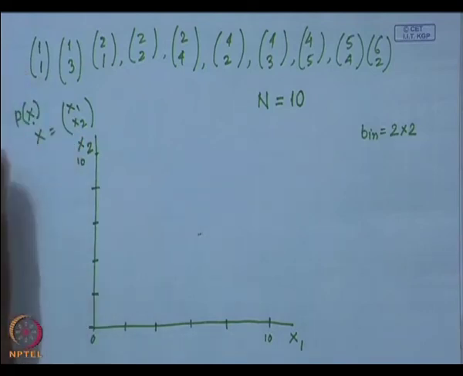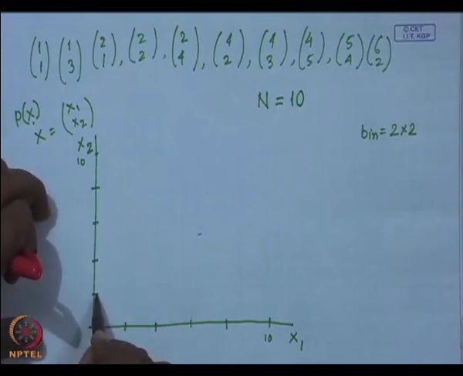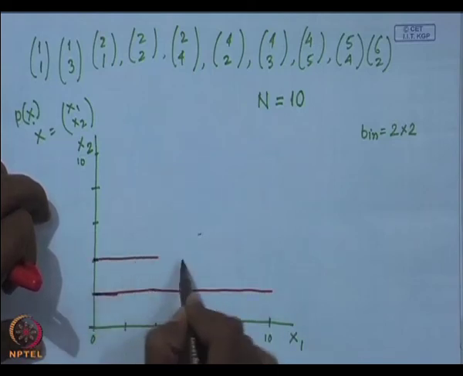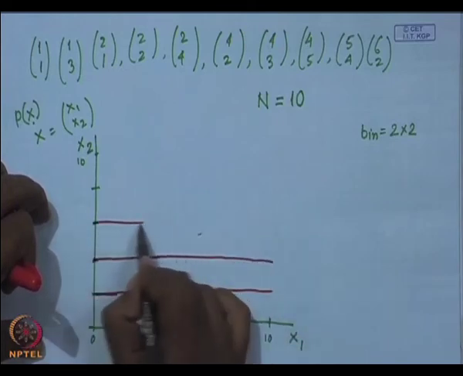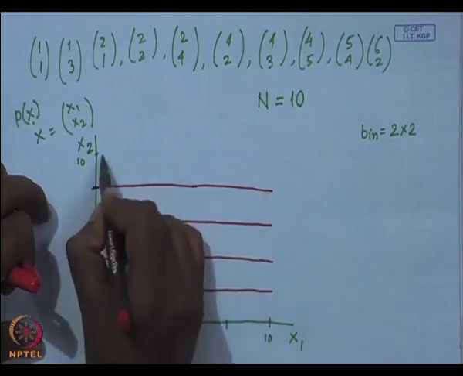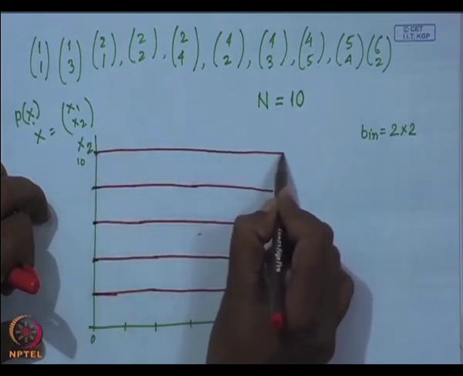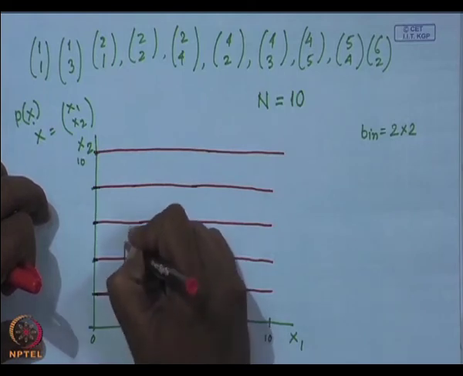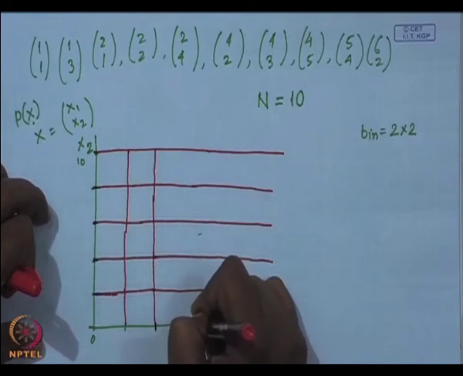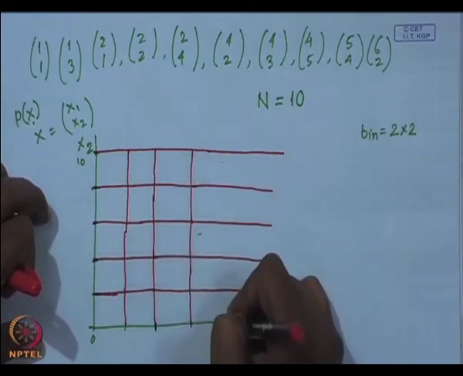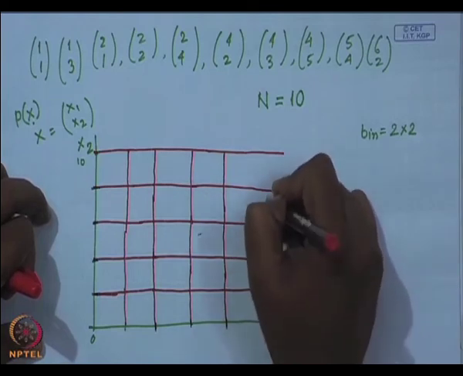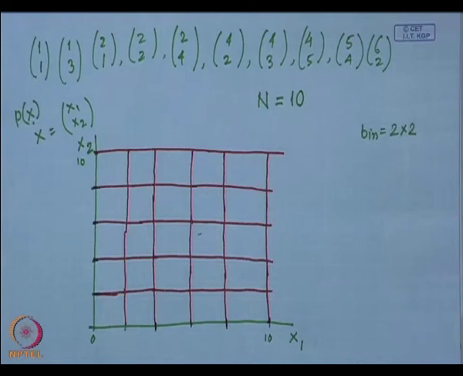Once I do this, effectively I am dividing this space into 5 into 5, that is 25 rectangular bins. So, these are the bins in the two dimensional space I have.